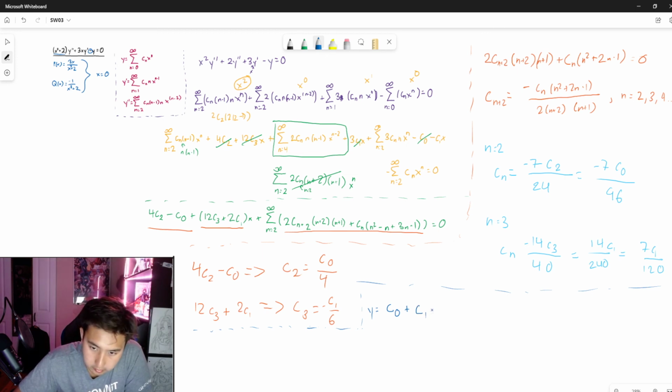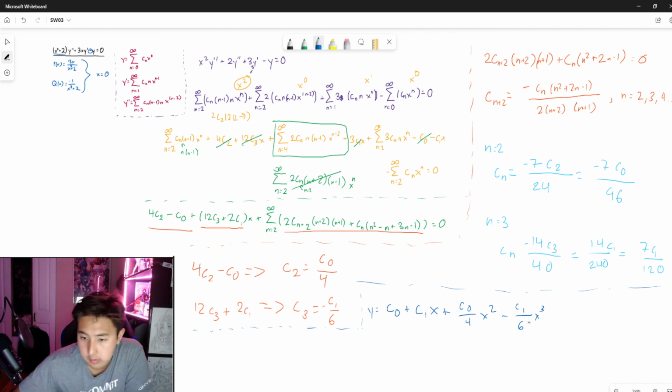C0 plus C1 x plus C2, in other words, C0 over 4 x squared, minus C3, in other words, C1 over 6 x to the third.